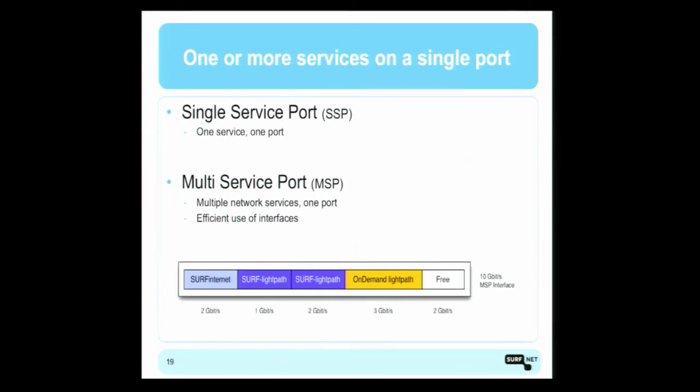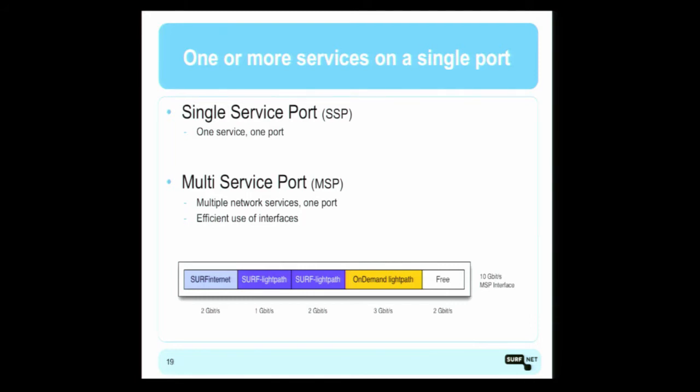So, back to the single service port. That's something we will maintain in our network, but we also see a big benefit with the multi-service port. It would allow the end user to put IP services on that particular port, but also light path services and bandwidth on demand services. In this example we have shown a 10 gig interface, and that's the type of interface we will supply to every university from next year on.